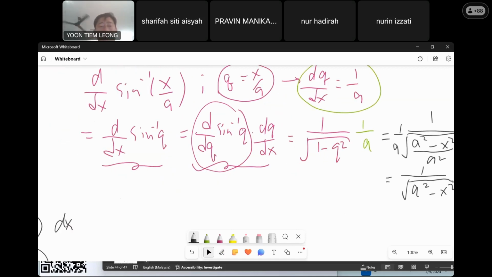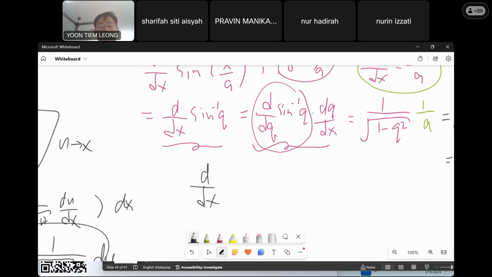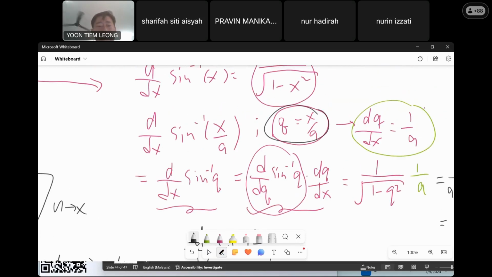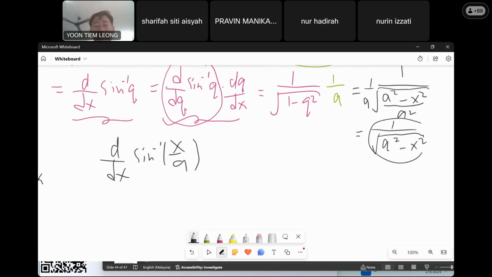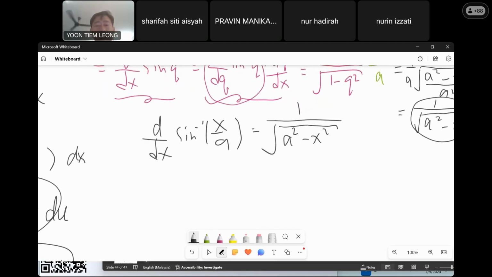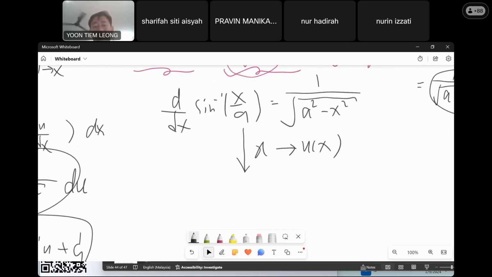Now, if this is correct, then what I have arrived at is d dx of arc sine of q, where q is just x over a. Right, so this is the definition of q. So I just replace the x by x over a in q. Then I arrive at this expression, which is 1 over square root of a squared minus x squared. That is the relationship that can then be easily generalized by replacing x with a general function u.